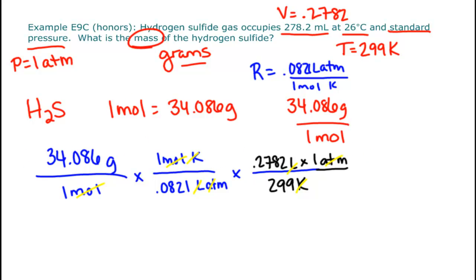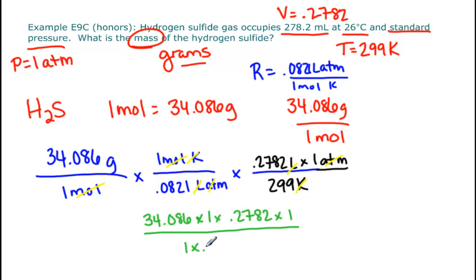So now, when we pull out all of our numbers so that we can do our math, we get 34.086 times 1 times 0.2782 times 1 over 1 times 0.0821 times 299. Put all of that in your calculator. Make sure you use your parentheses in there.